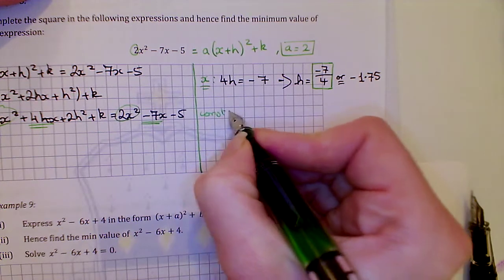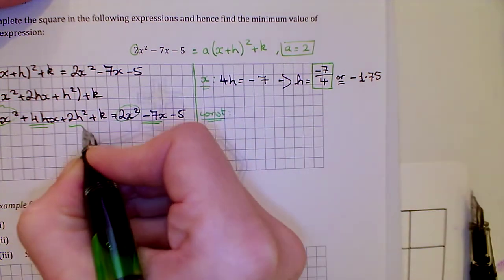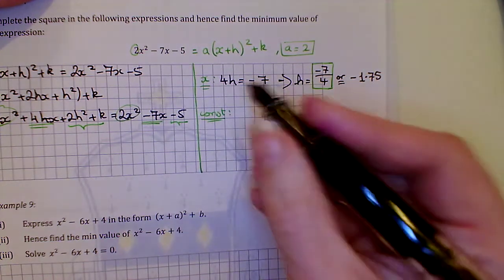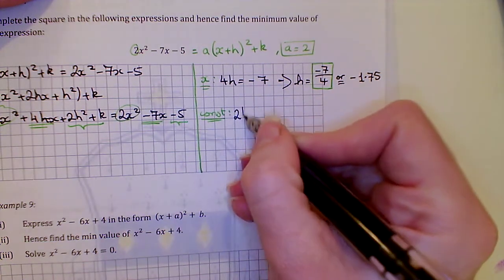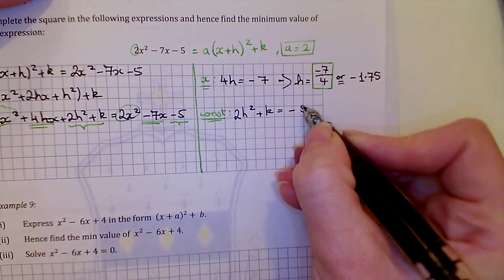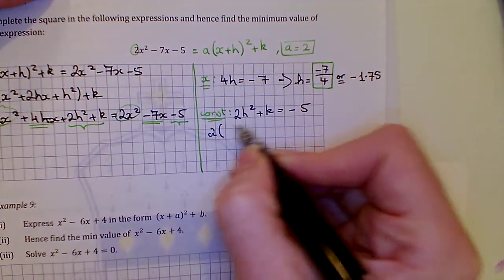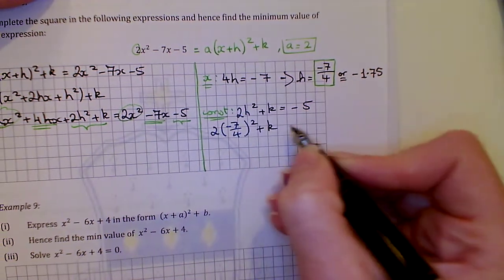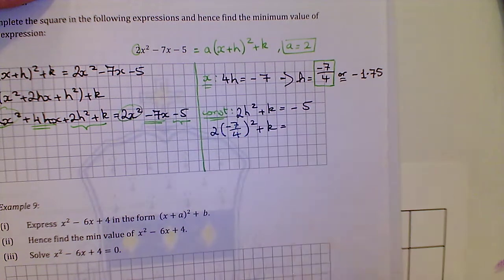The constant then, 2h squared and minus 5. So 2h squared plus k is equal to minus 5. And of course we know the value of h. So that's minus 7 over 4 all squared plus k. And that is equal to, so you can use your calculator for this.